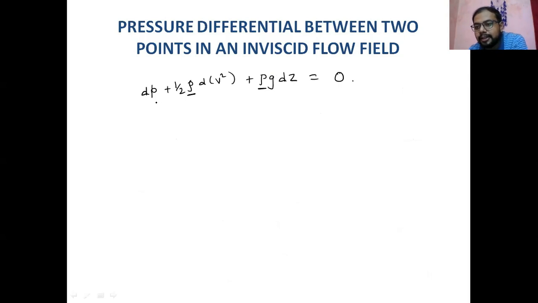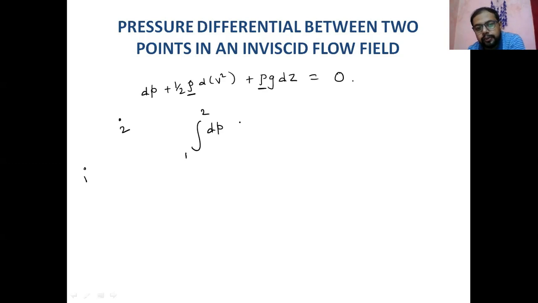It does not depend on X, Y, Z or anything else. Next, between 2 points, point 1 and point 2, we perform the integration of this Euler's equation of motion, with such 5 assumptions we have written.